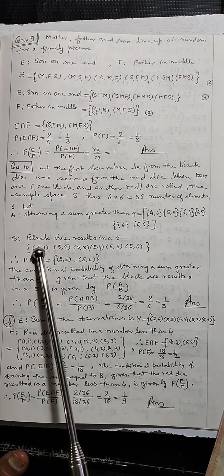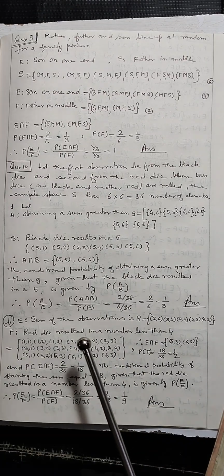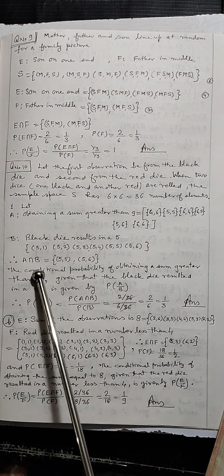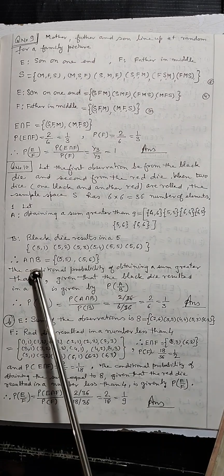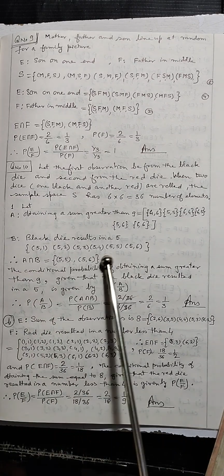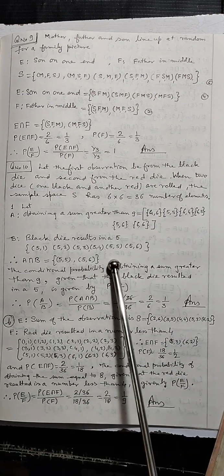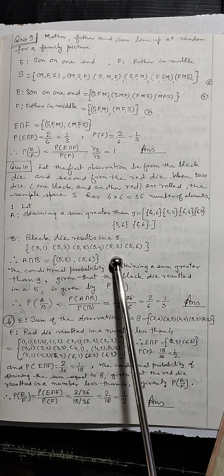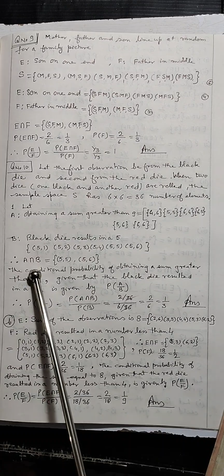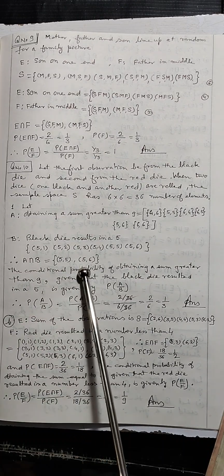Because it is already mentioned that the black die resulted in a 5. Now A intersection B will be equal to 5, 5 and 5, 6. These will be the common elements.